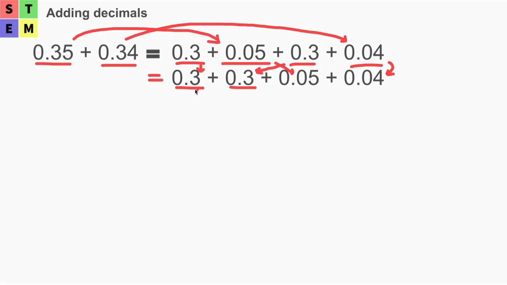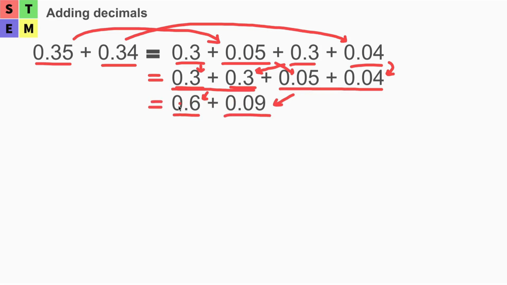Okay, so the next calculation is we add these two together and add these two together, right? So equals 0.6, right? 0.3 plus 0.3 is 0.6, and 0.05 plus 0.04 is 0.09 here, right?